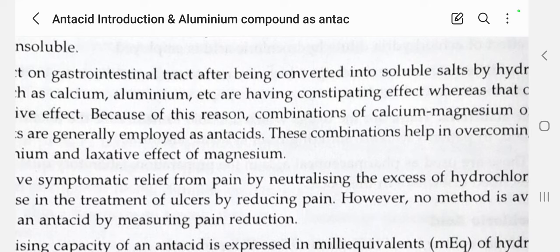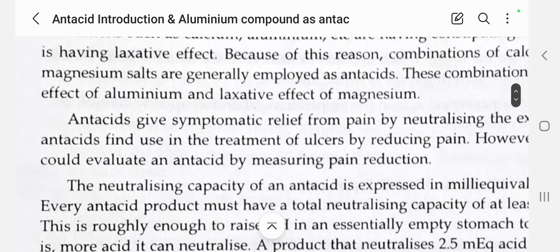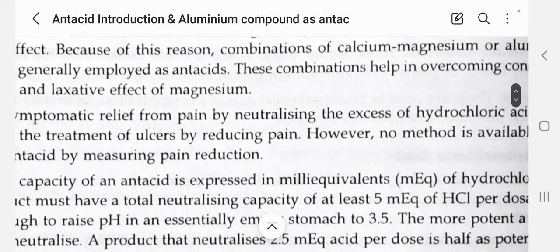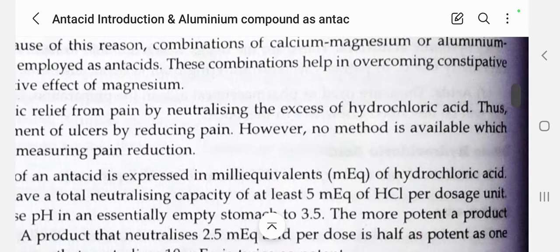So in order to overcome those problems, the antacid may be a combination of calcium and magnesium or aluminum with magnesium.